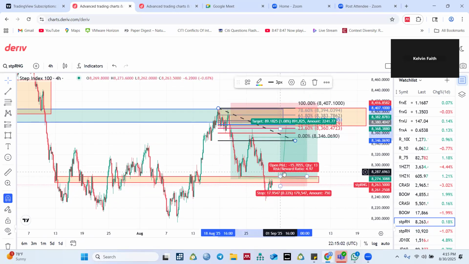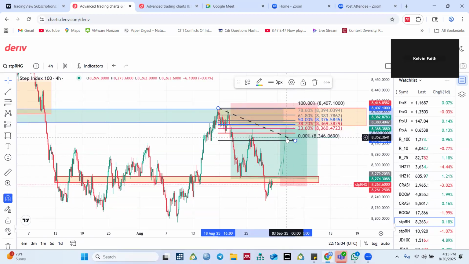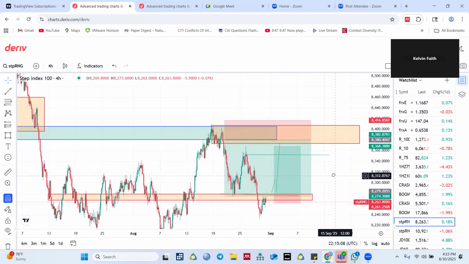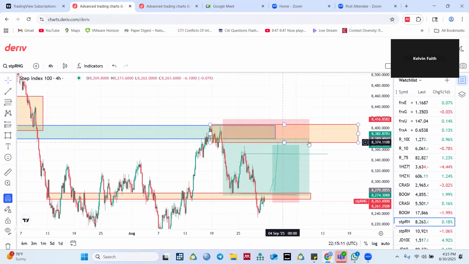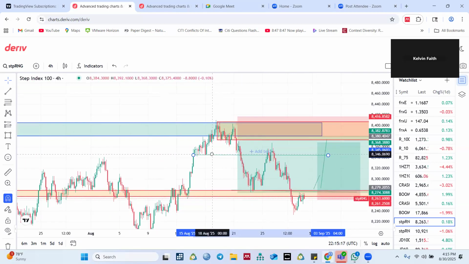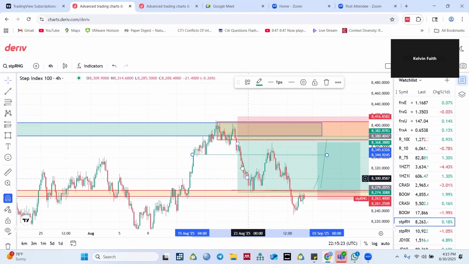Whether price is going to go up there, I don't know, but because it gave us this area, this is our premium zone. Because this was a previous low that gave a high. Once price takes that area out, we have a break of structure to the downside.